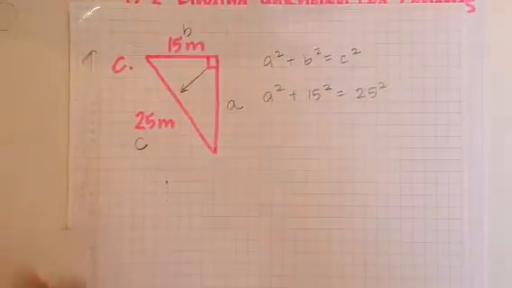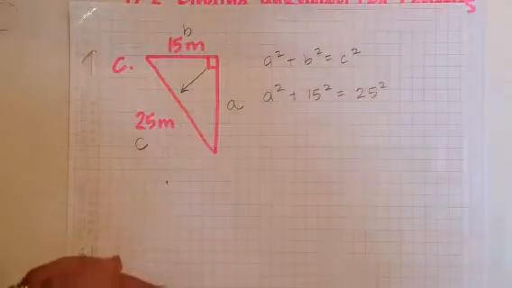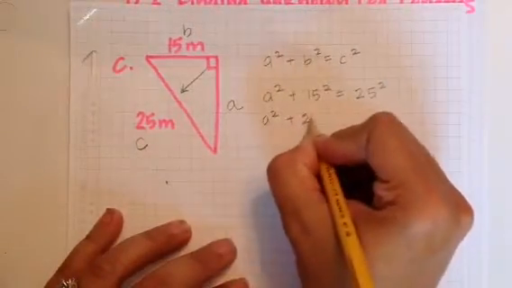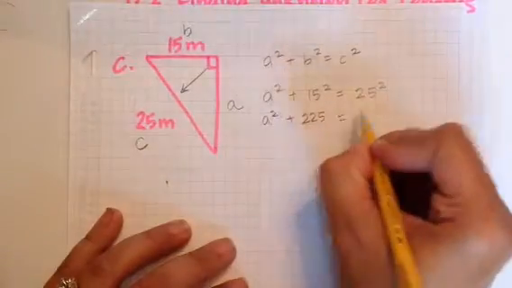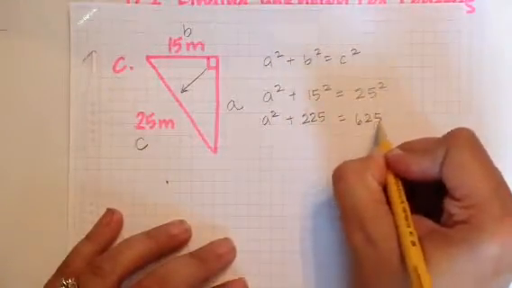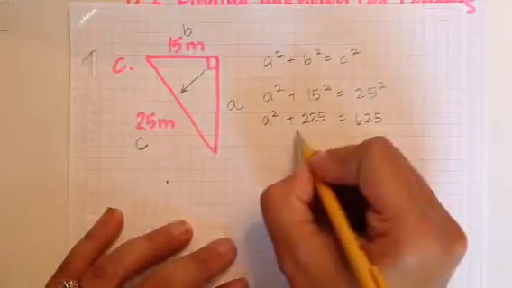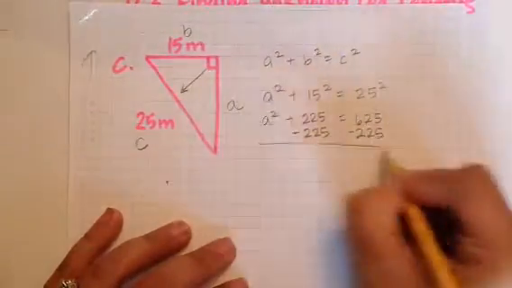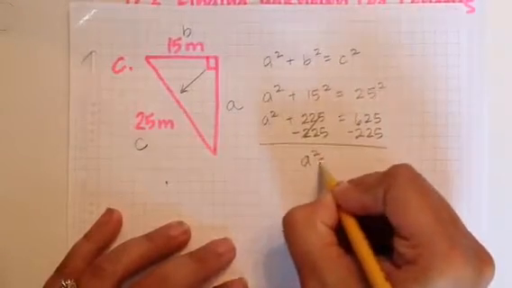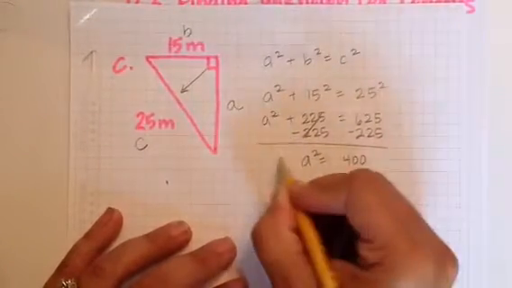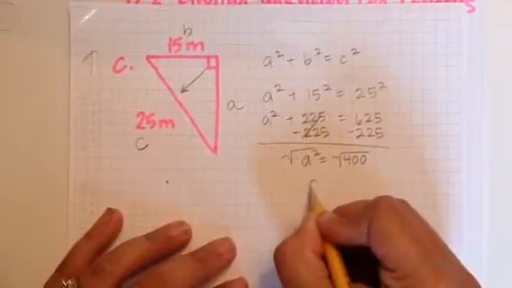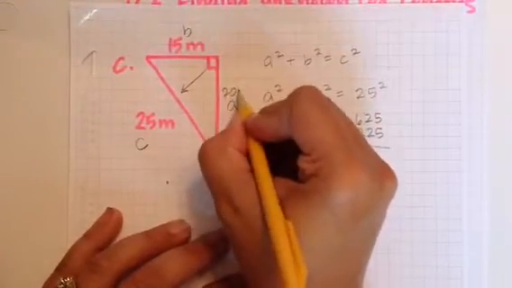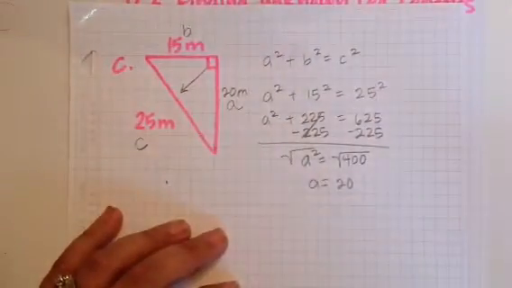So B is 15, C is 25. 15 squared is 225. 25 squared is 625. So when I solve for A and subtract, I get A squared is equal to 400. Take the square root of both sides, and A is equal to 20, so this side is 20 meters.